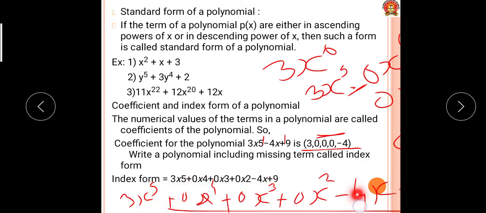So this is the index form and this is the coefficient form. In the practice set we will see more examples, so don't worry.